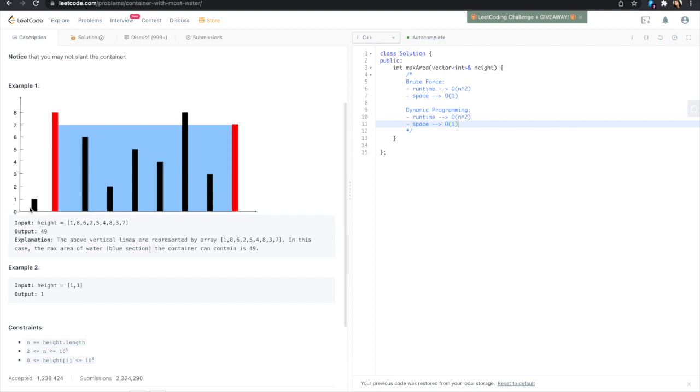So given that I'm starting here, we want to maximize two things. We want to maximize height and we want to maximize width. Because the more width we have, the more water we'll be storing, given that height is constant.